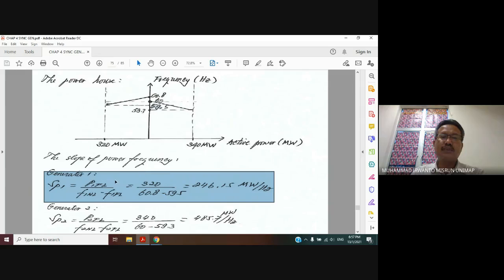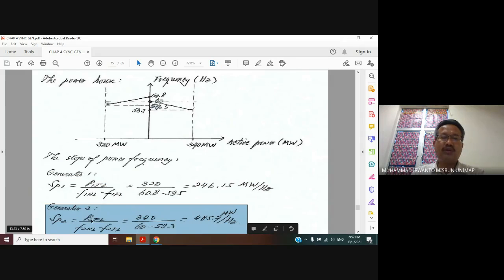And then for generator 2, the slope of power frequency is given by the full load power we have calculated above, 340, divided by the no load minus full load frequency for generator 2, which are also calculated.